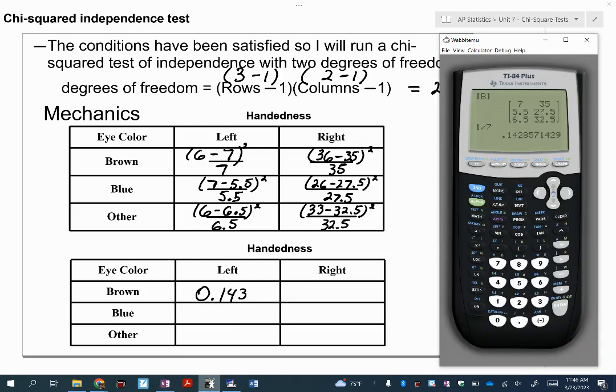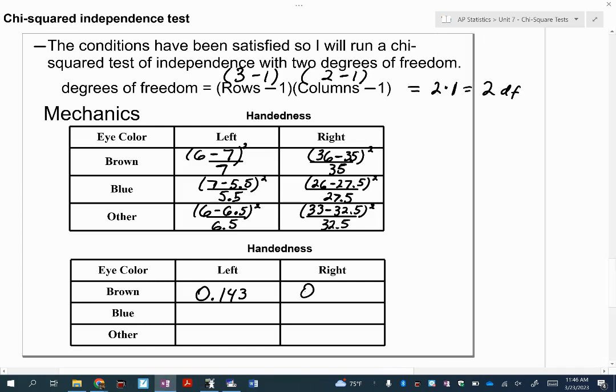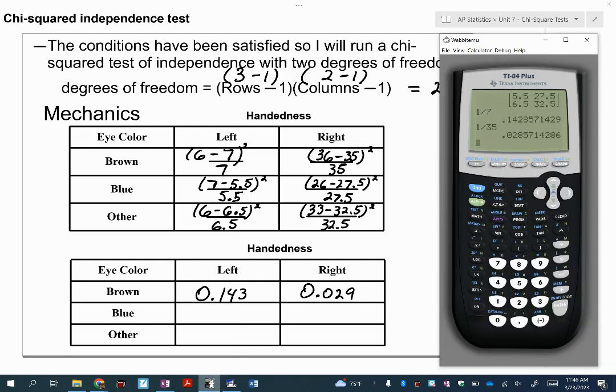Okay, the other one is another 1, right? 36 minus 35 is 1. 1 squared, 1. So I'm doing 1/35. 0.029. Moving to my blue eyes. This is 1.5. Some of you may know 1.5 squared, but I'll do it for us.